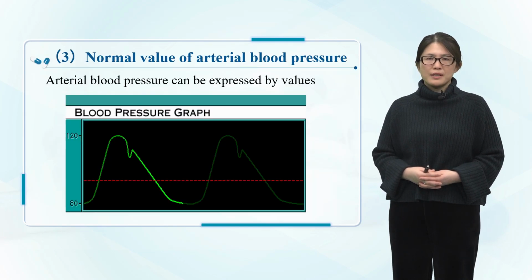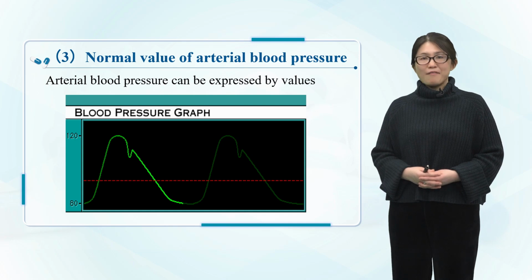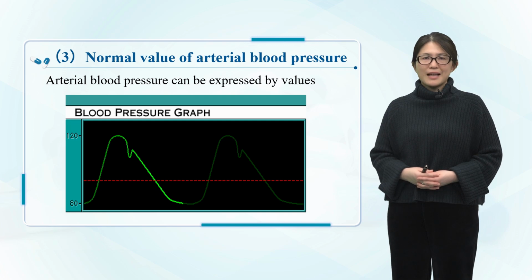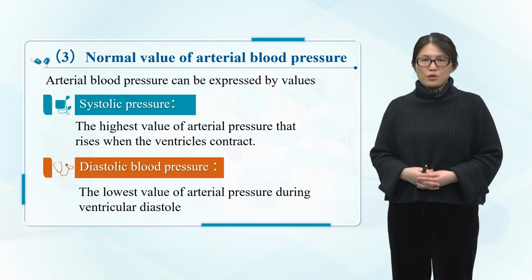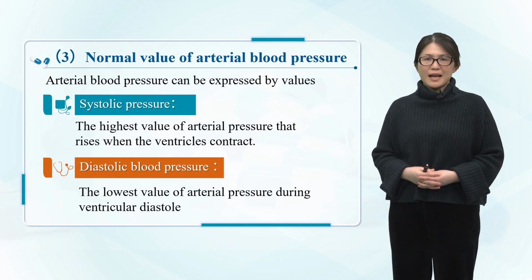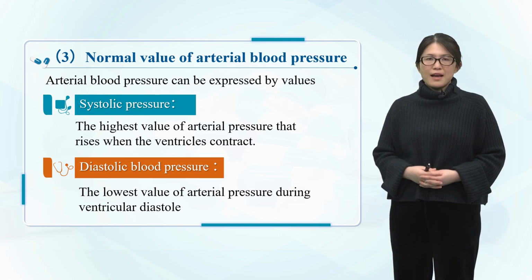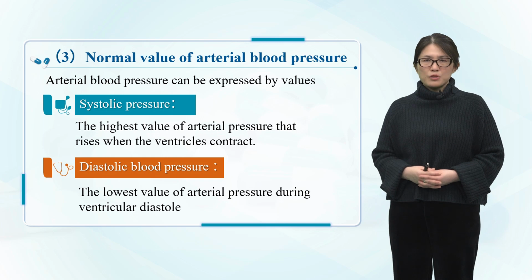Arterial blood pressure can be expressed by values such as systolic blood pressure, diastolic blood pressure, pulse pressure, and mean arterial pressure. The systolic blood pressure is the blood pressure when it reaches its highest value in the middle of ventricular systole.